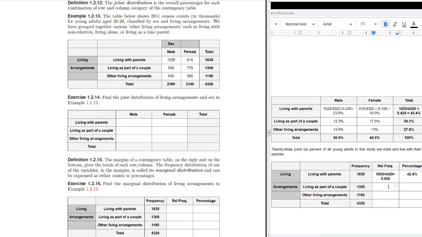Next, we will take 1300 and divide it by 4320, and this will give us 0.301, which is 30.1%.